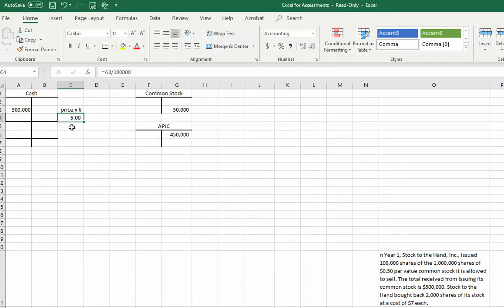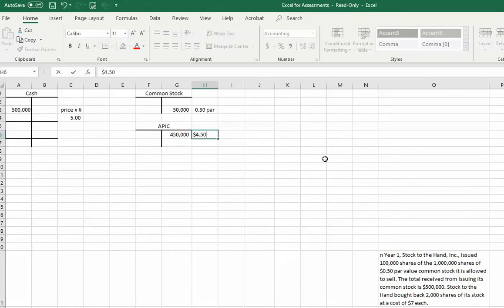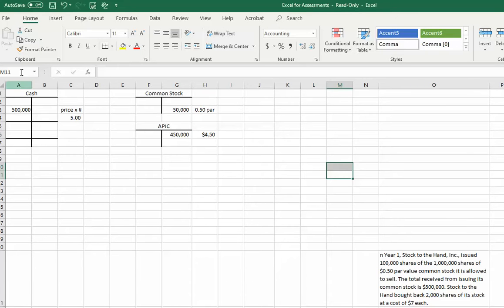The 50 cents of this $5 goes in here, and the rest, which is the price of 5 minus the 50 cents, or the 450, is going in that account. That's the difference. So that's how you record the issuance of par value stock.